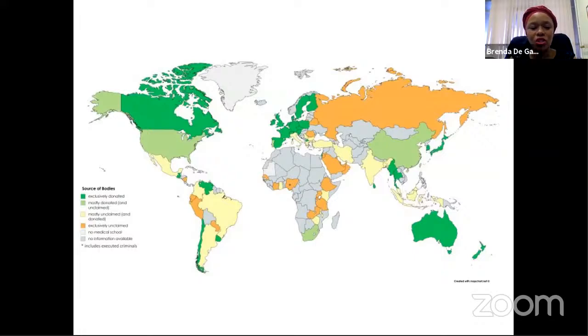I also want to share my gratitude to all the communities who've permitted us to do the research that we've conducted under body donation as UKZN, throughout KZN, and also in the Limpopo province. We've had a study happen there. I hope we've informed everyone adequately, and please spread the word. You now know more about body donation, especially at UKZN.